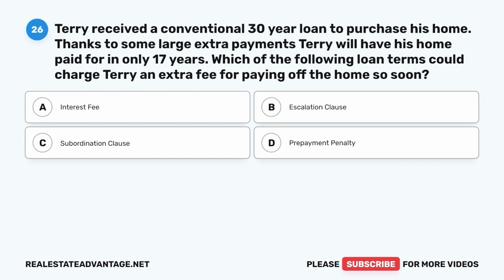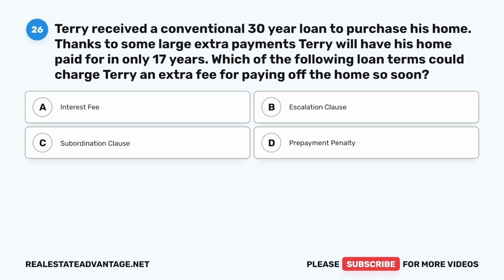Question 26. Terry received a conventional 30-year loan to purchase his home. Thanks to some large extra payments, Terry will have his home paid for in only 17 years. Which of the following loan terms could charge Terry an extra fee for paying off the home so soon? A. Interest fee. B. Escalation clause. C. Subordination clause.